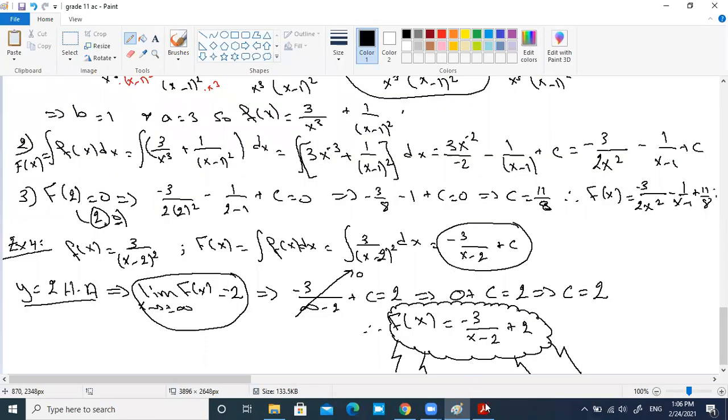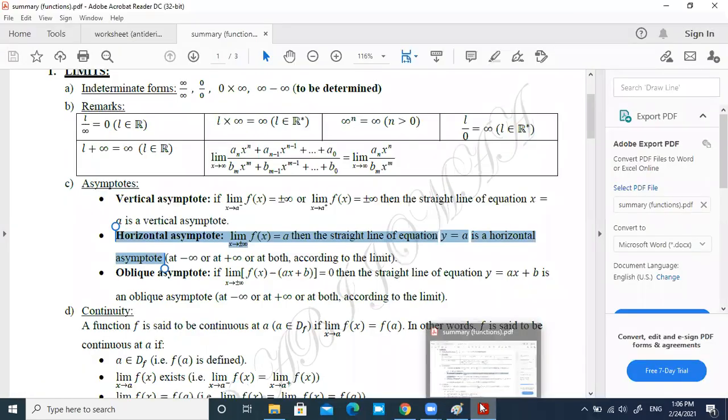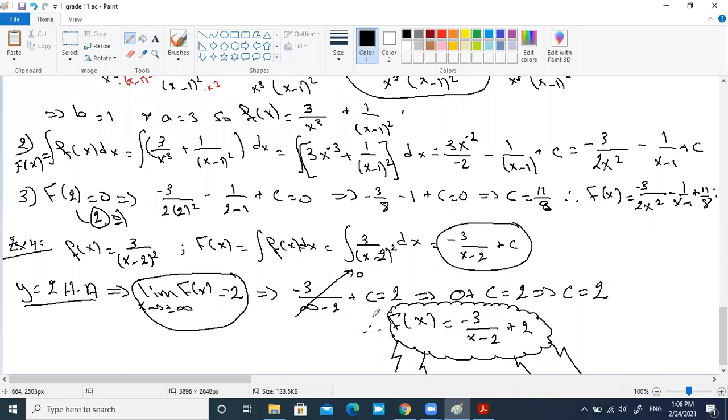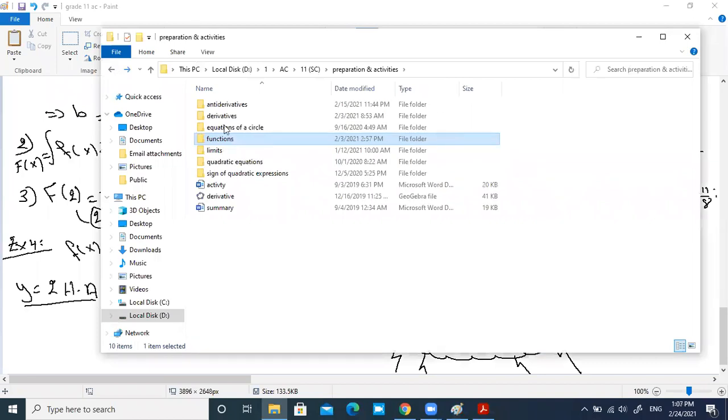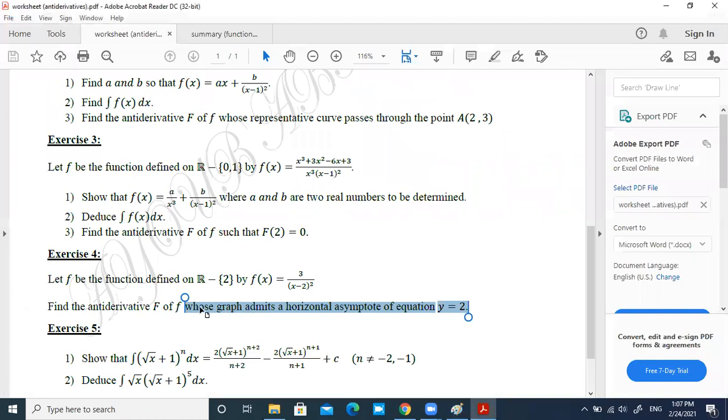Back to the given here, in the antiderivatives problem. In the given you have y equal 2 is a horizontal asymptote.